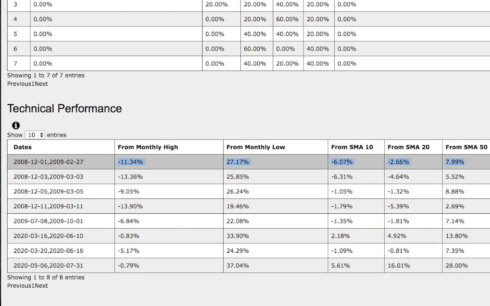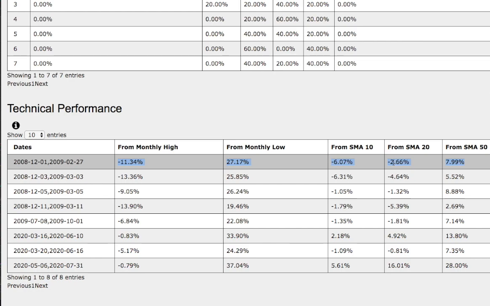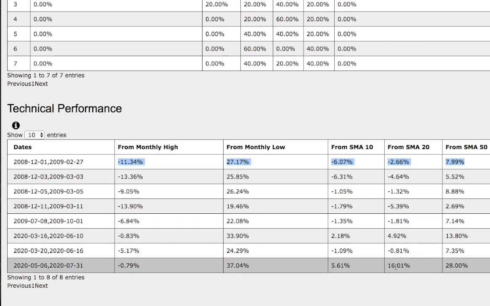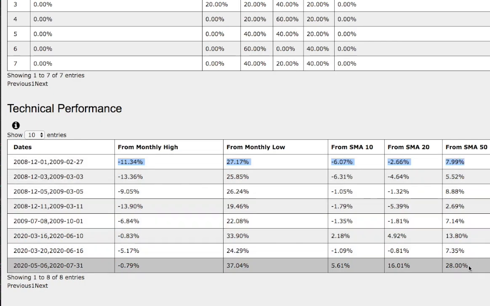Back then, it was down 6% from the 10 simple moving average. On the other hand, it is up 5.6% on the current trend, and it was down 2.6% from the 20-day moving average. Compare that to the current trend, which is up 16%, and the 50-day moving average was up 8% back then, and with the current trend it is up 28%.